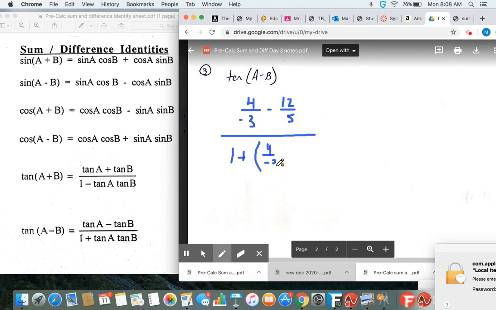Just make sure you're taking that sign with you. You know, as you continue to write here, just make sure you're taking the signs, you're copying the correct thing.